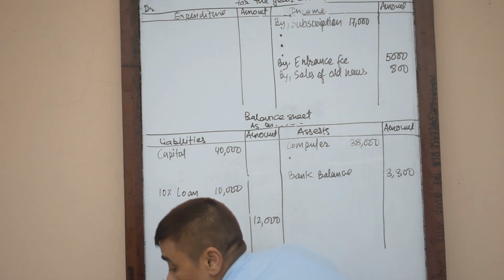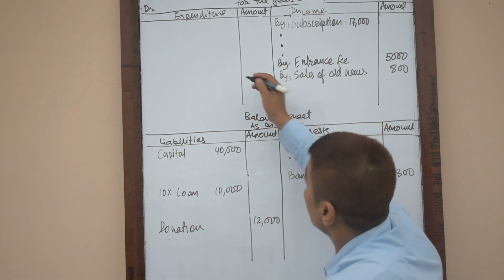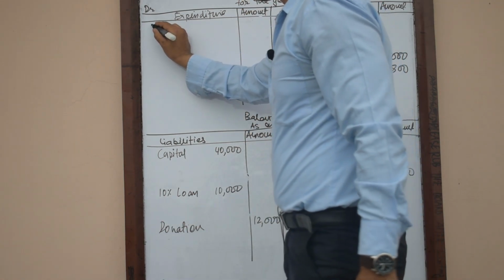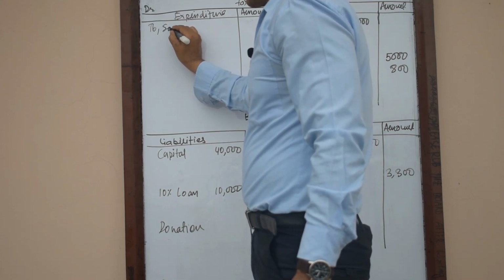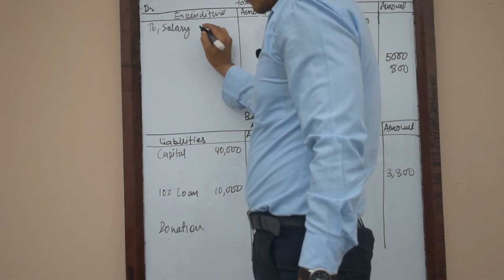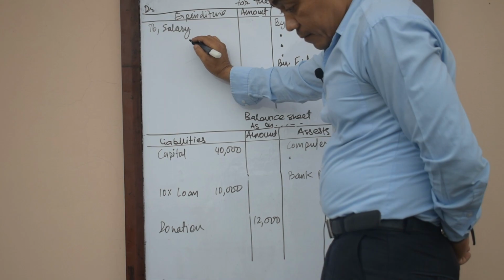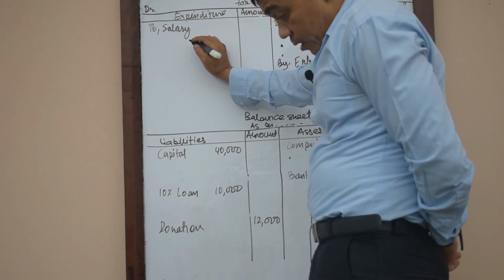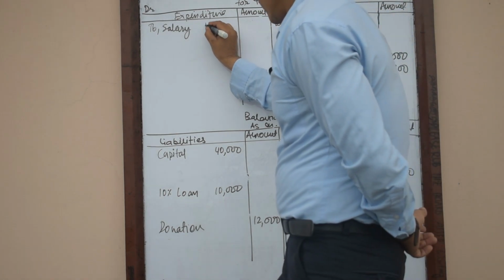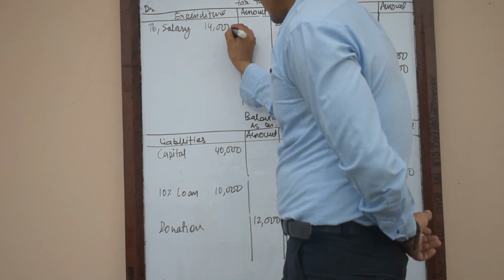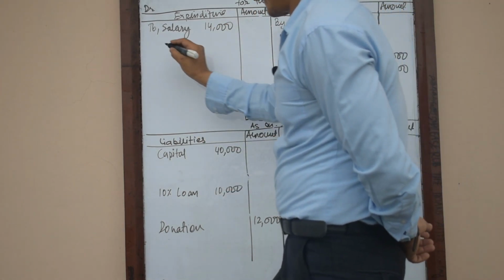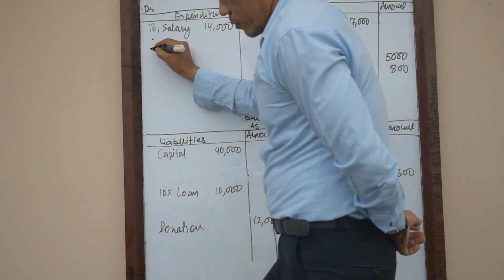And payment, first of all, there is salary, and it is given 14,000. So I think there is two additional information, so we will leave space for two.